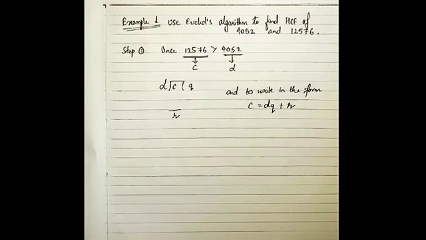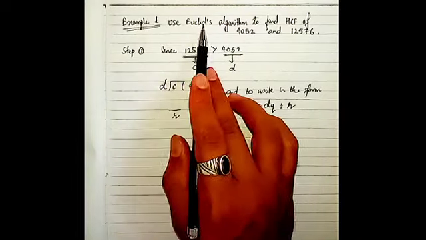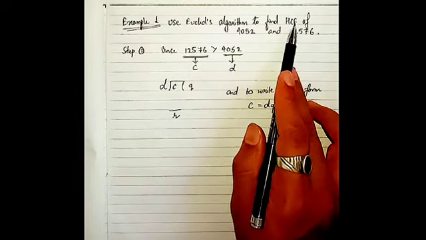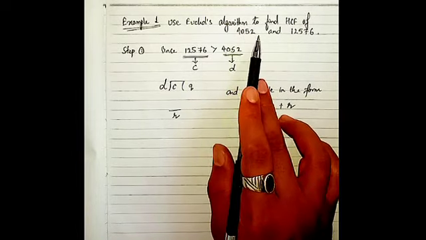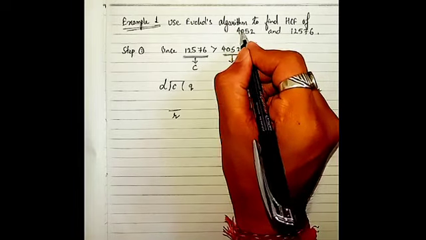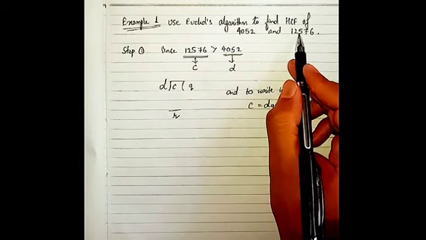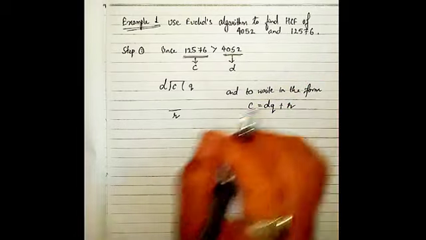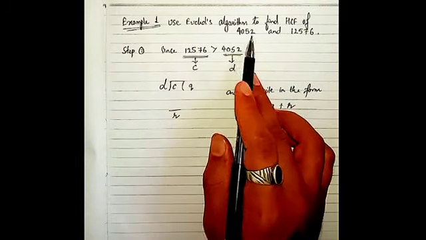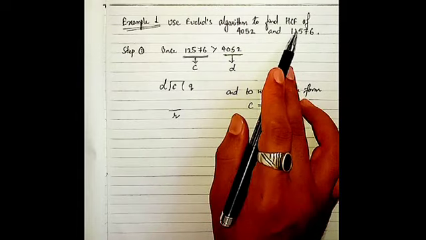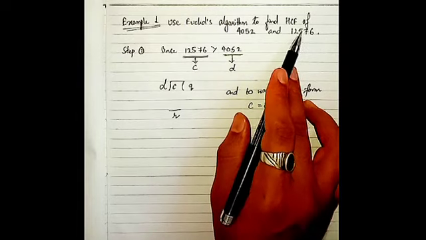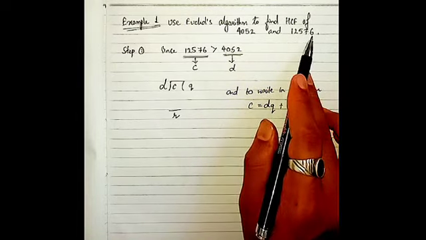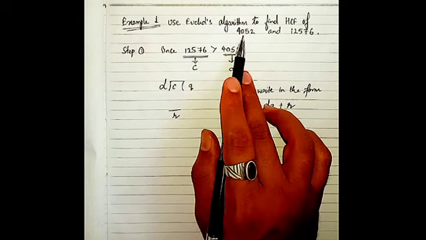In our NCERT textbook, example 1 is given. Use Euclid's algorithm to find the HCF of 4052 and 12,576. So the first step is to look at the two numbers and find out which number is greater. I have seen that this number is a 5-digit number and it is greater than 4052.